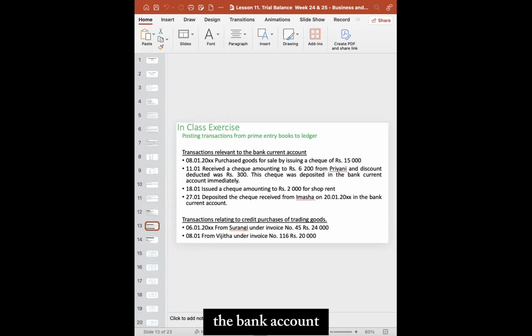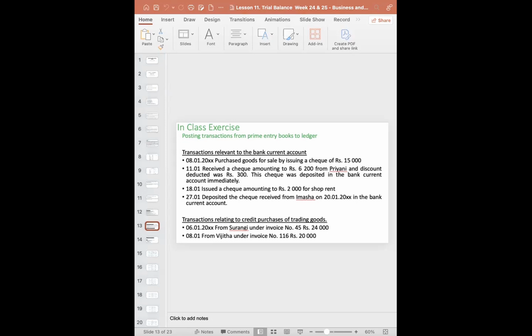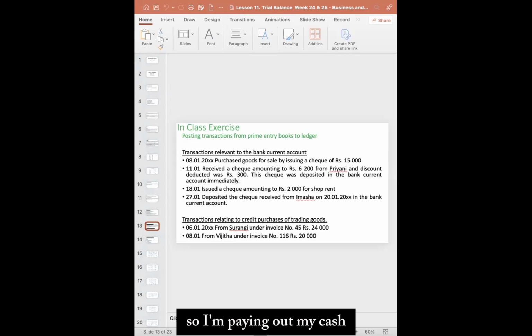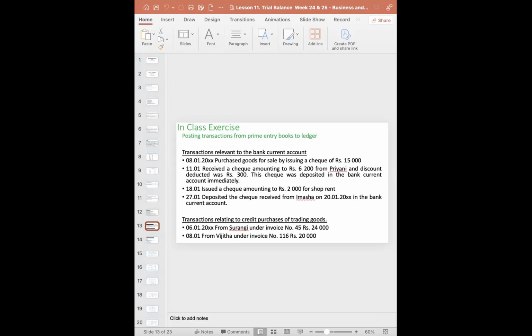Bank account. Okay. On January 8th, purchase goods for sale by issuing a check of 15,000. Purchases is my expense. So I am paying out my cash, so my cash balance is going down.